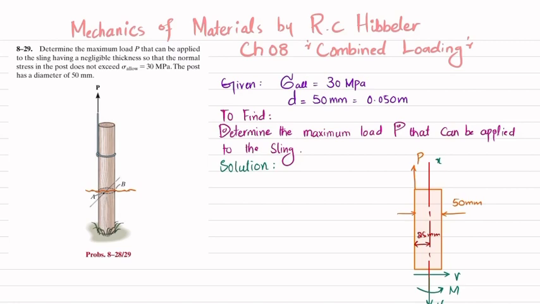So we will find this by using sum of all forces along X direction must be equal to 0, and force taken in this direction is positive. So you can see horizontal force is only V. There is no other force, so V is equal to 0.